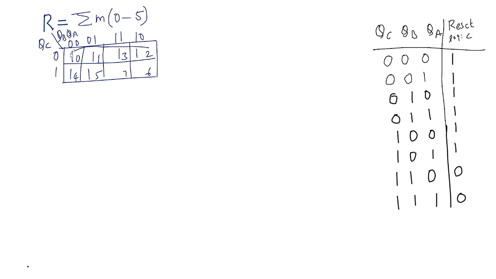So this is one quad, and this is one quad. This is QC bar, and this is QB bar. So my equation is QC bar plus QB bar. This you can write as QC QB whole bar.